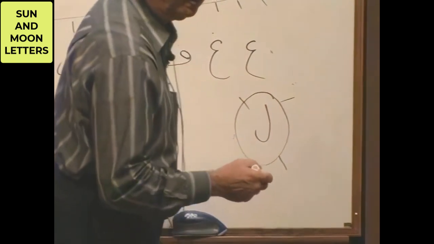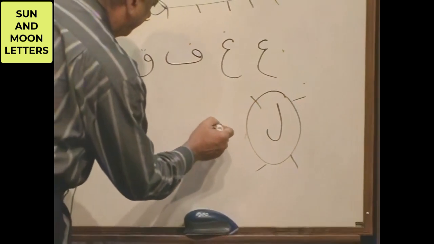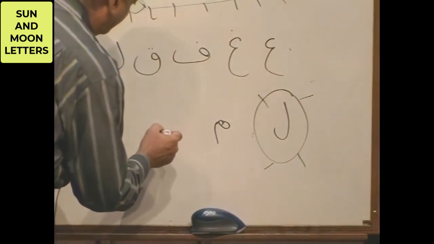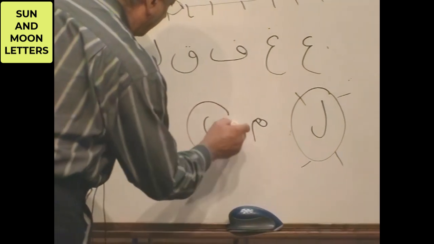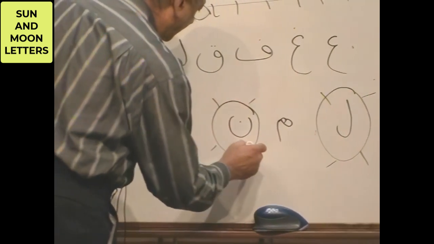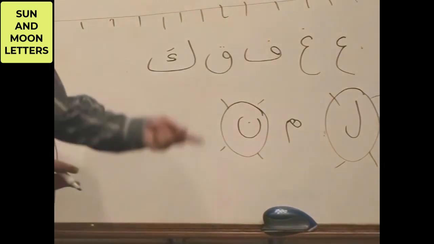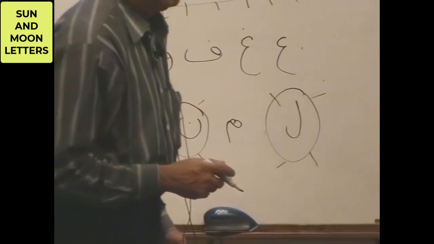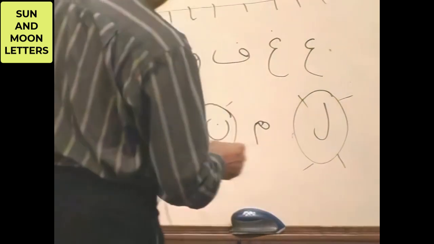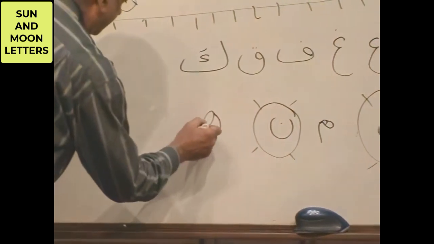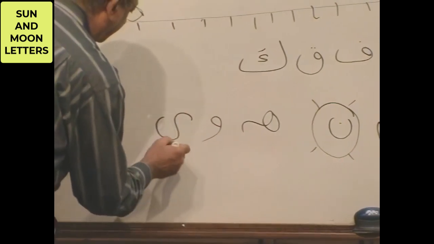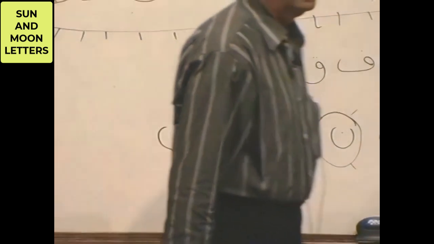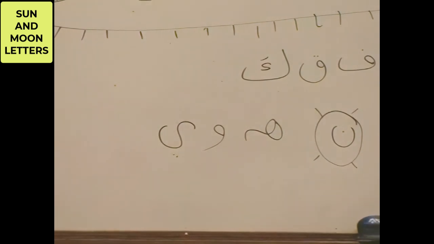And then we have Meen, which is not sun. And then we have Noon, which is sun. In my book, I wrote it in different colors. And then we have Ha, and then Vav, and then Ya. Okay. Are you with me, brothers and sisters?